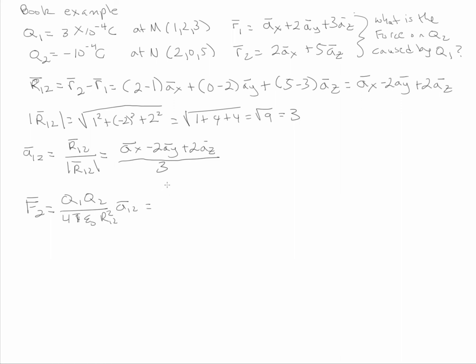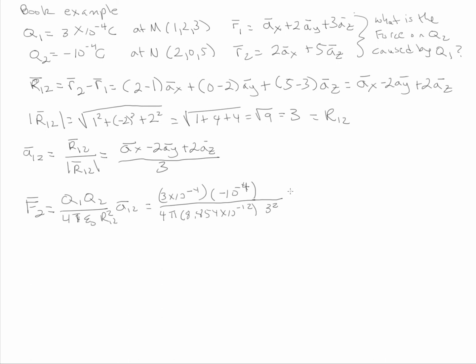So we have Q1 was 3 times 10 to the minus 4, then Q2 was minus 10 to the minus 4 coulombs, and then we divide that by 4 pi, then our epsilon 0, and then our r squared, which would be 3 squared, because R12 is just the distance.